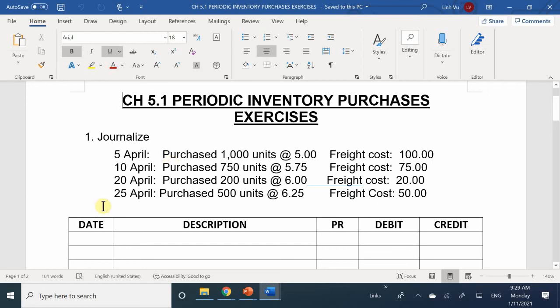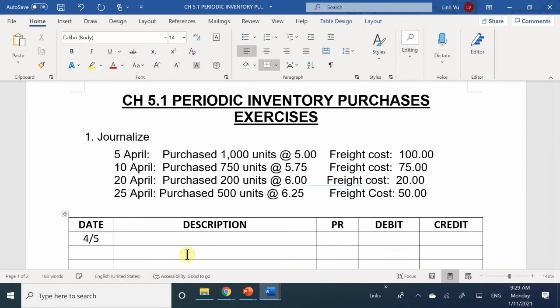So number one. All right, so let's record this. On April 5th, you purchase 1,000 units at $5 each with a freight cost of $100. So how are we going to journalize this? Don't forget the date first. So purchase expense.